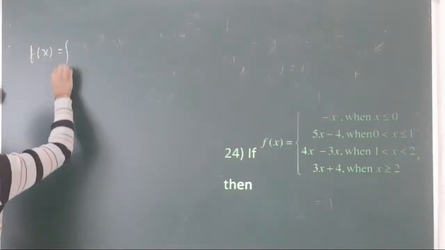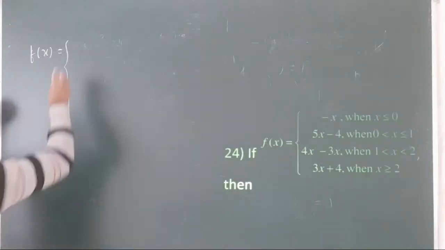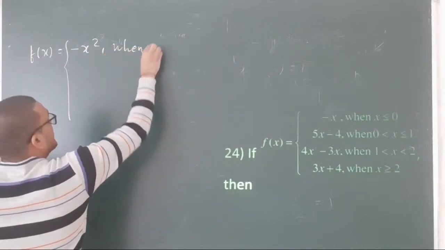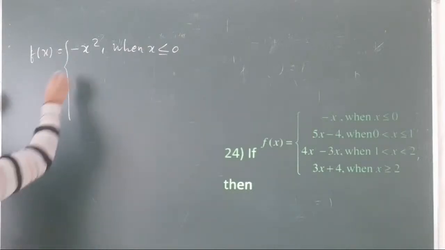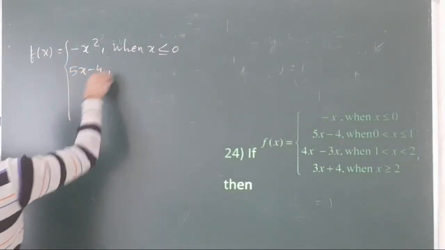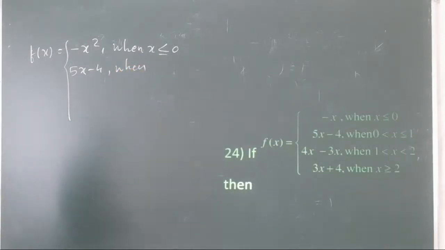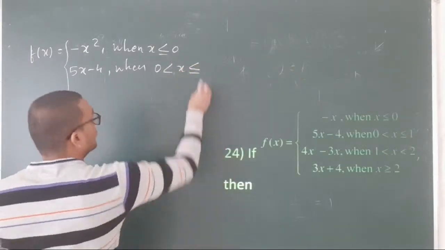F of x is equal to minus x square when x is less than or equal to 0, 5x minus 4 when 0 is less than x less than or equal to 1.